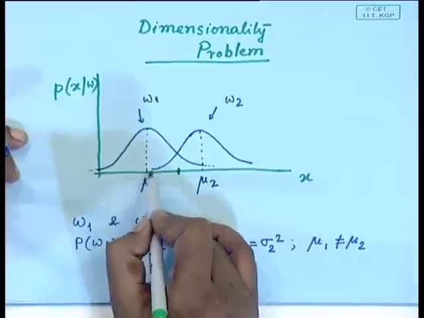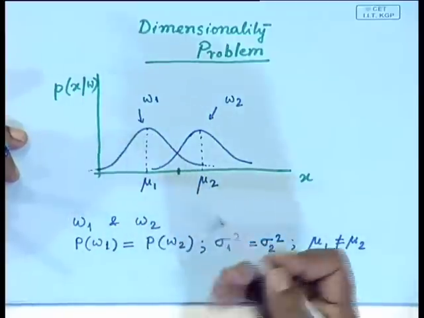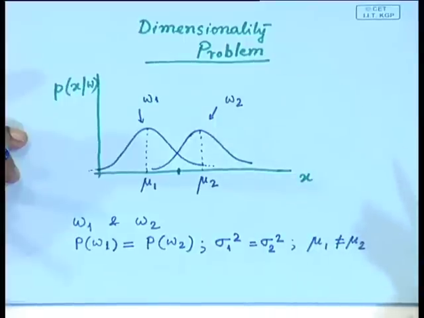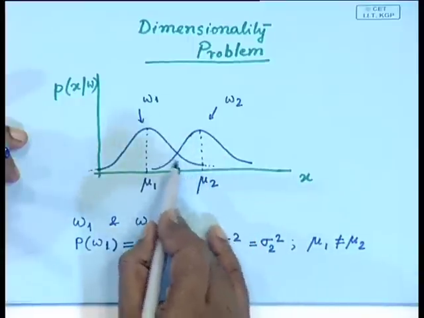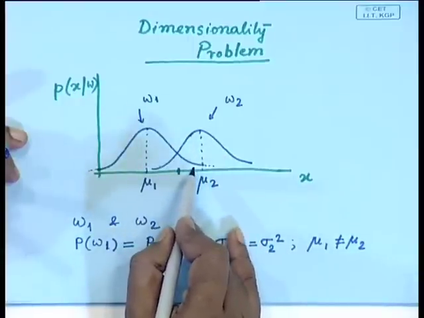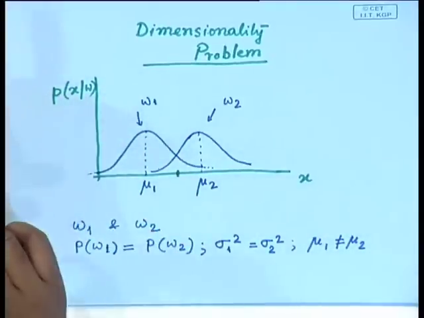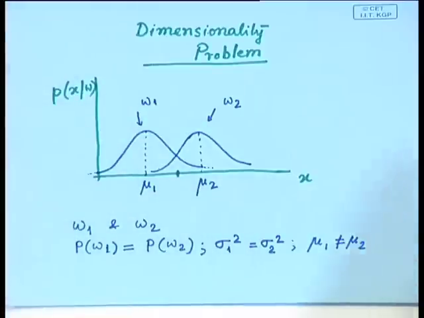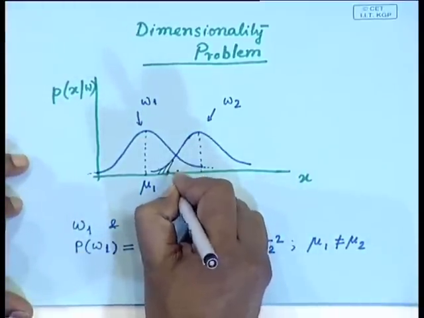Okay. Then we have also said, when we talked about the Bayes or minimum error rate classification, that there is an error in taking this decision, because whenever I decide in favor of class omega 2, there is a finite probability that it may belong to class omega 1 as well. Okay. So, the error involved in taking this decision that we said earlier is nothing but the area under this curve.